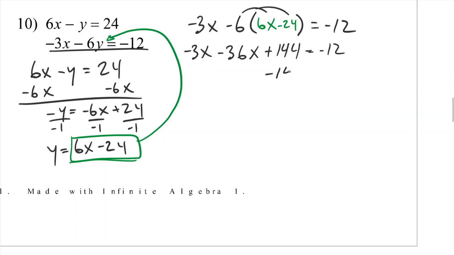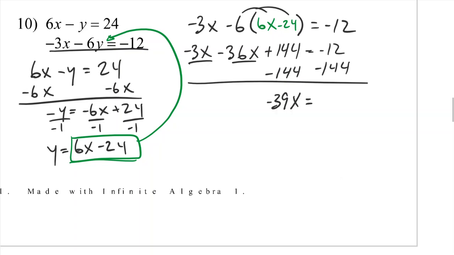Let's subtract 144 from both sides. And while we're doing that, let's combine those like terms, so that makes negative 39x equals negative 156. So if we divide that by negative 39, well, what's 39 really close to?